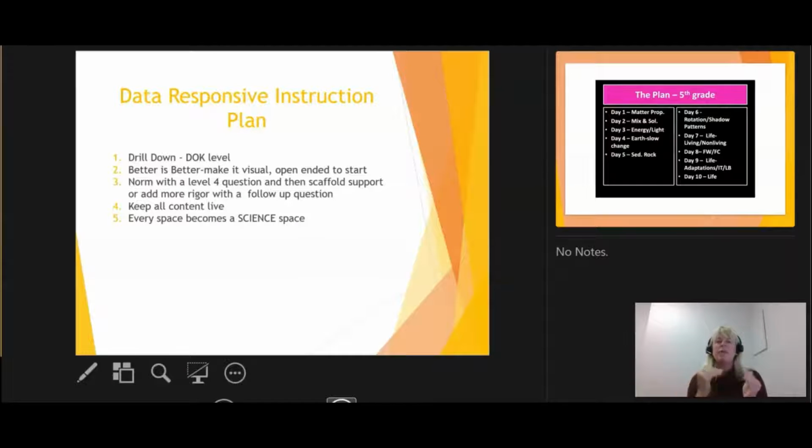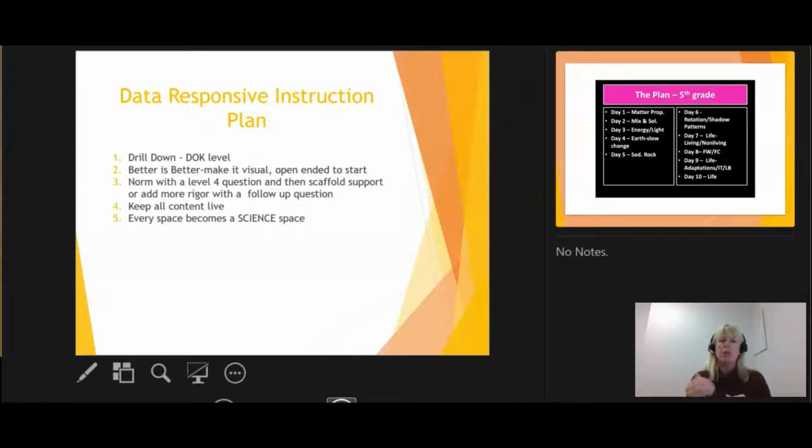But let's hit them with the 4, and then we need to scaffold support up to that level of question or push the rigor even higher by applying that kind of question, a DOK level of 4, to an unknown situation.